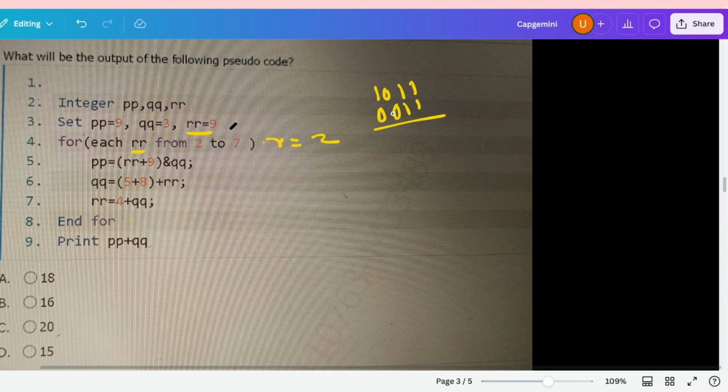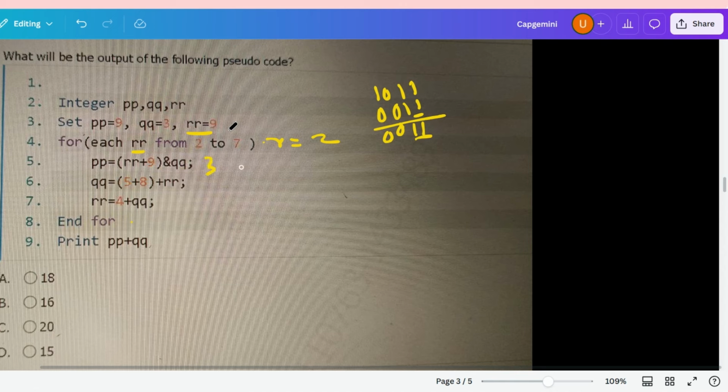Just do the AND operation between them. If both statements are true, only then the whole answer will be true, and if one statement is false, then the whole statement will be false. So this becomes 3.